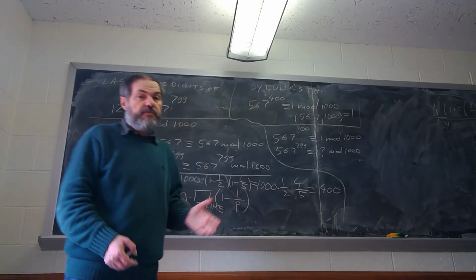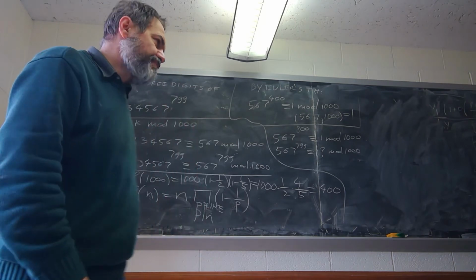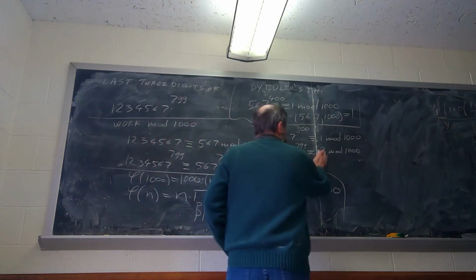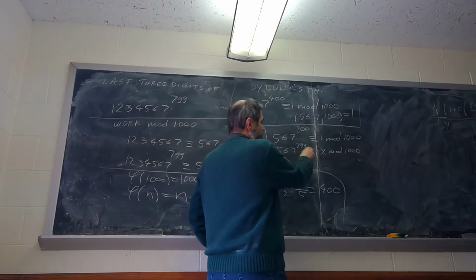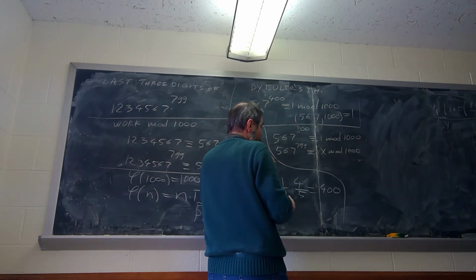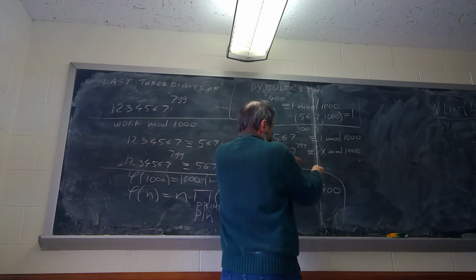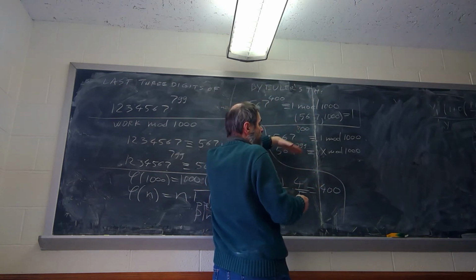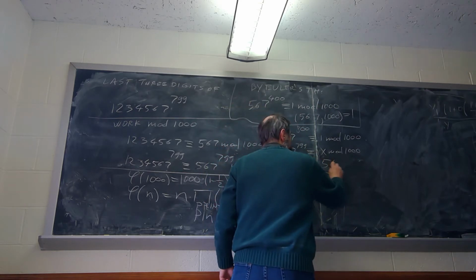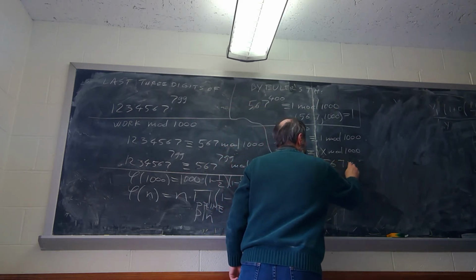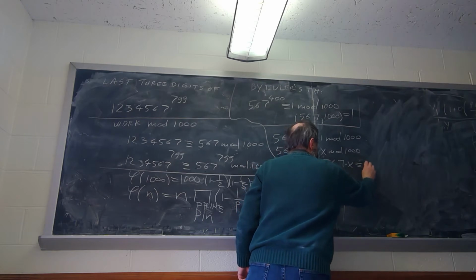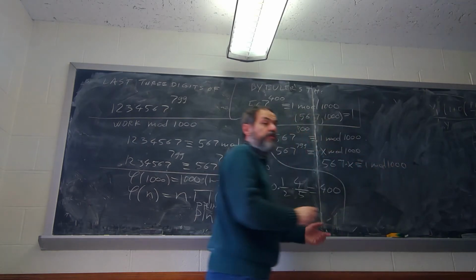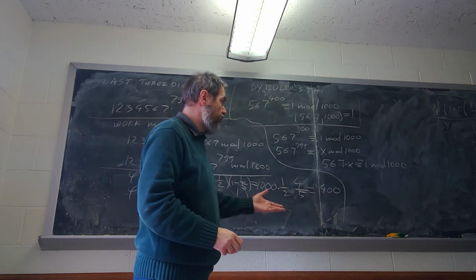We discussed in class that one can use the Euclidean algorithm. So this is congruent to x. I want to find x, but the idea is that if I multiply one more time by 567, then the number is congruent to 1. So 567 times x is congruent to 1 mod 1000. How do I use the Euclidean algorithm to compute this?